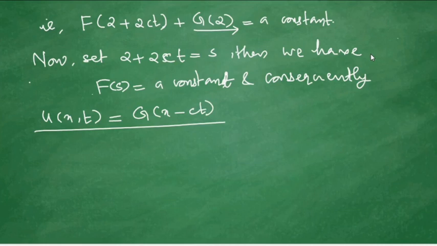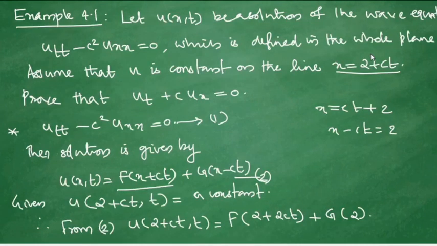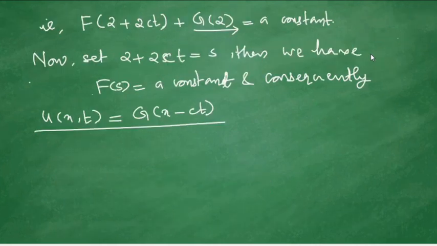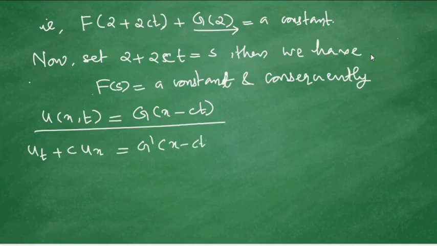Now what we have to prove? Take the left side of the equation, that is u_t plus c u_x. Calculate u_t plus c into u_x. What will be u_t? u_t is g dash of x minus ct into minus c, isn't it?